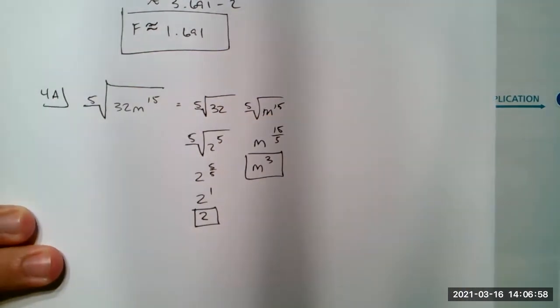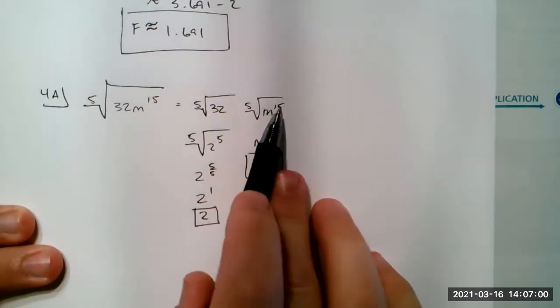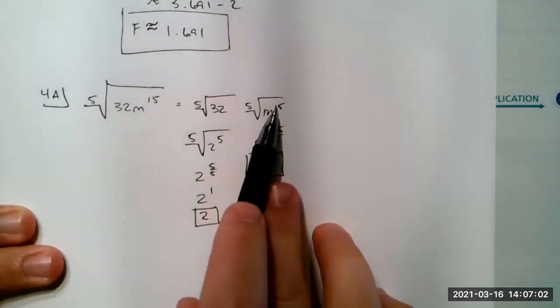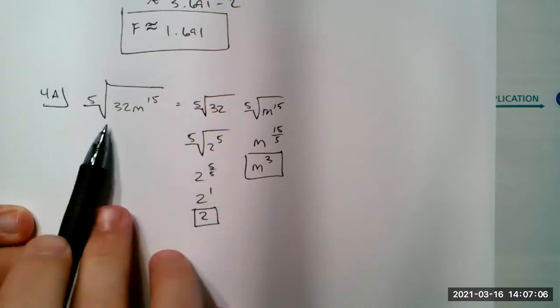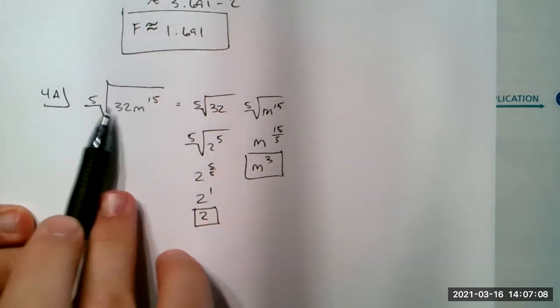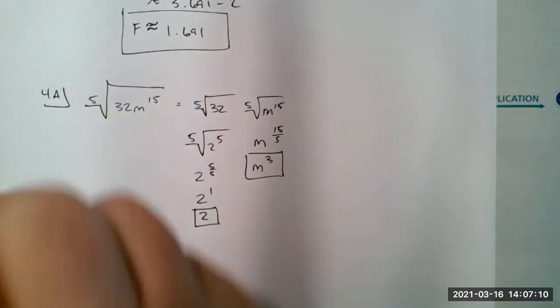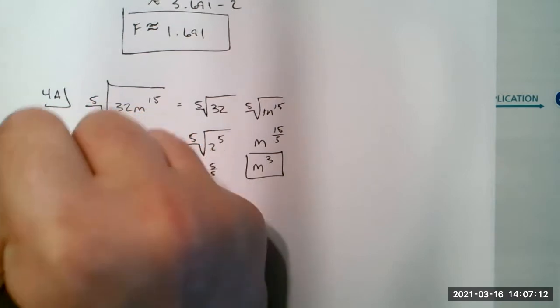So it's going to be m cubed. You're just essentially dividing those two numbers. Just make sure your exponent is on top and your index is at the bottom. So the 5th root of 32m to the 15th simplifies down to 2m cubed.